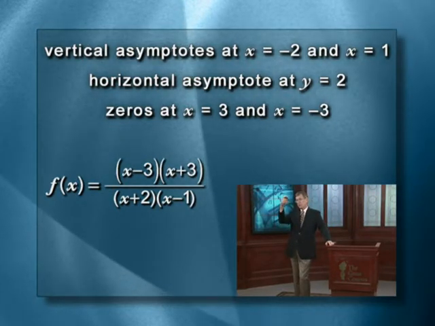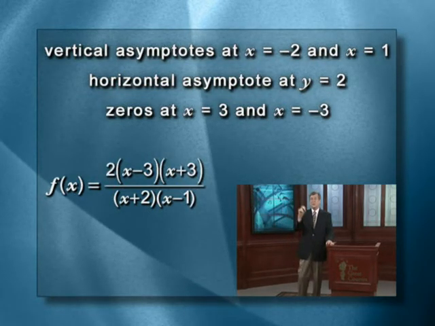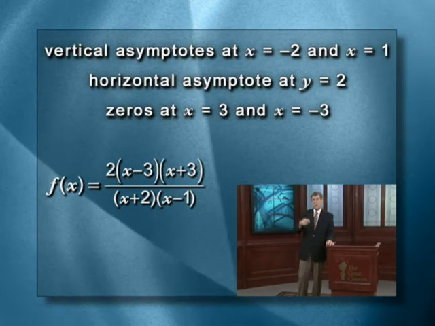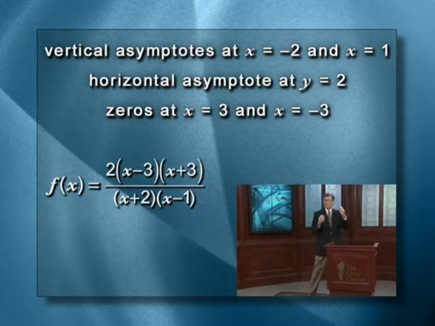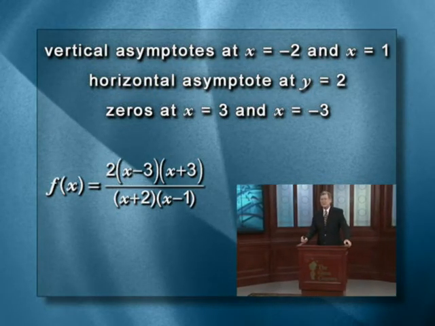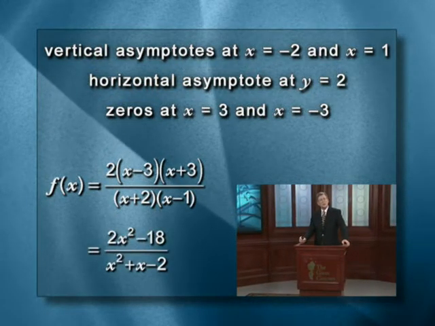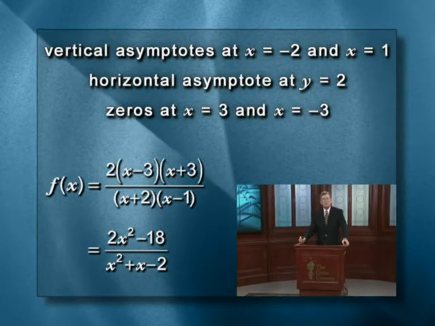Remember, that's the quotient of the leading coefficients, so I'm going to have to add a 2 in the numerator to make that quotient 2. So multiply out this kind of frightening looking expression, and you get your function to be 2x squared minus 18 over x squared plus x minus 2.